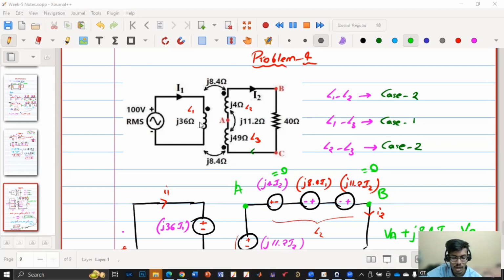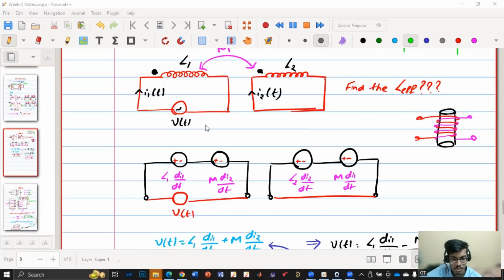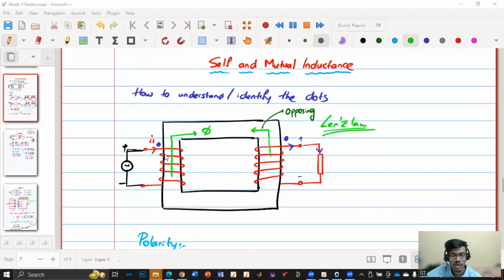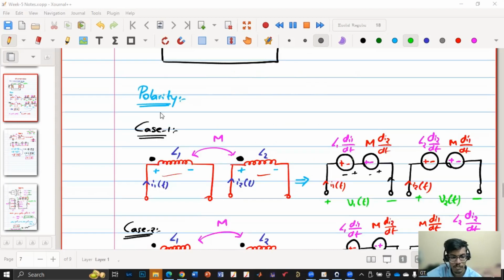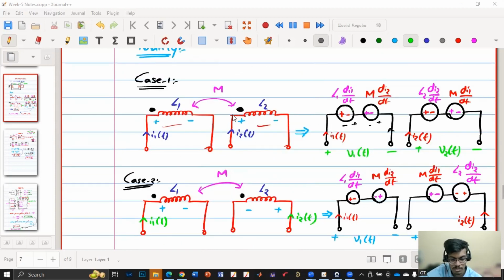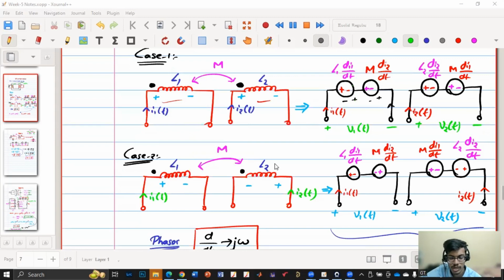Every time you would have to see that the flux is going top to down and how that will reduce. This will be complicated, and every time we cannot draw this kind of circuit, because if there is L3, then again you have to draw the winding and see the flux direction. To avoid all these things, they have come up with this dot convention, which is much easier, and using this, they have come up with these two cases for how the polarity will be. So that has been simplified.